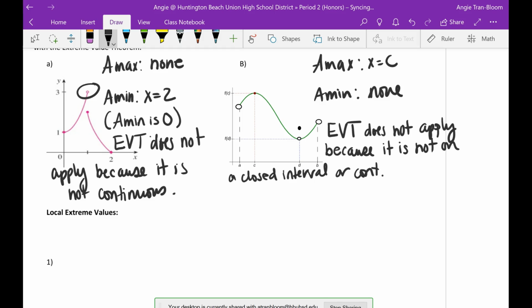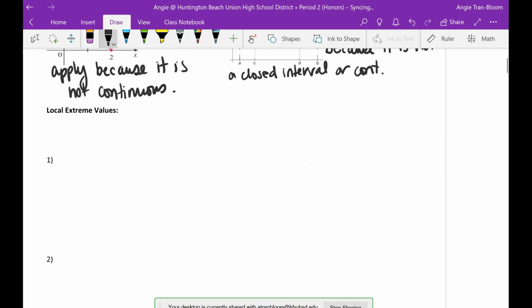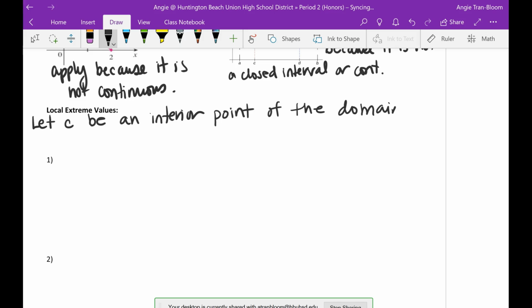Okay, so this is where we talk about the local and relative, as Marley was bringing up earlier. Local is what your book uses. Relative is probably what your Algebra 2 book used. They're exactly the same. Let C be an interior point of the domain of the function f.